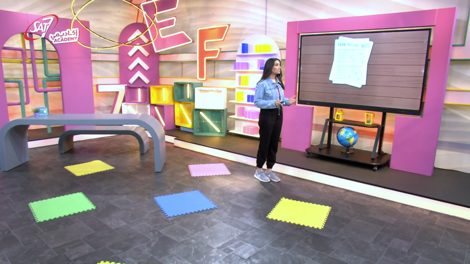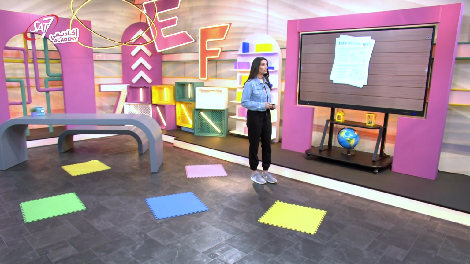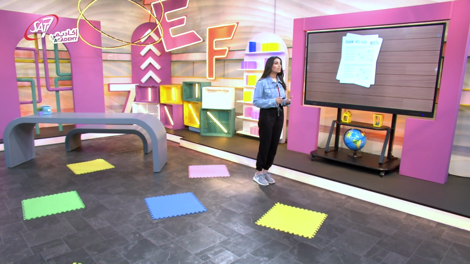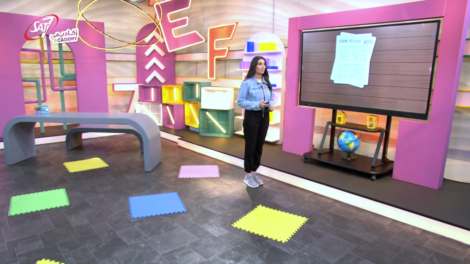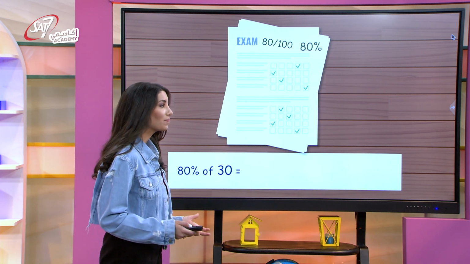What exactly are we finding here? Ivy's grade was 80 over 100, which means if the quiz consisted of 100 exercises, then she solved 80 of them correctly. However, there weren't 100 questions. There were only 30. So we're finding 80% of 30.